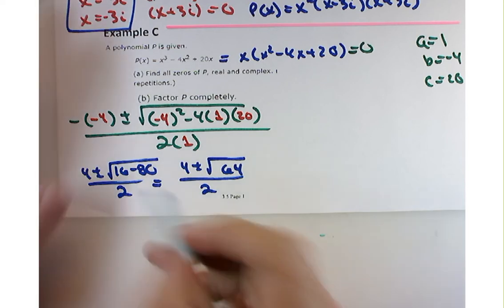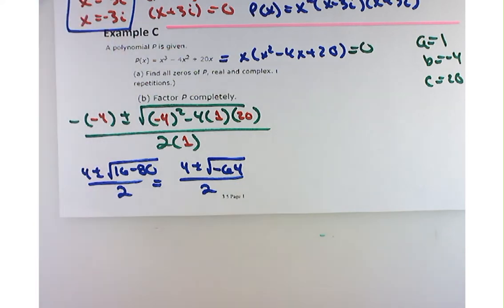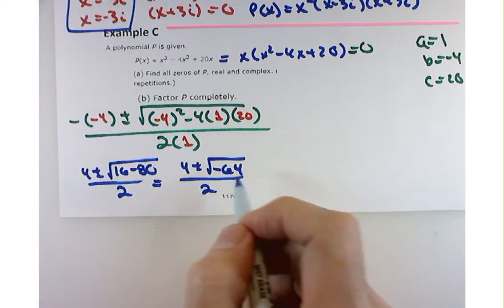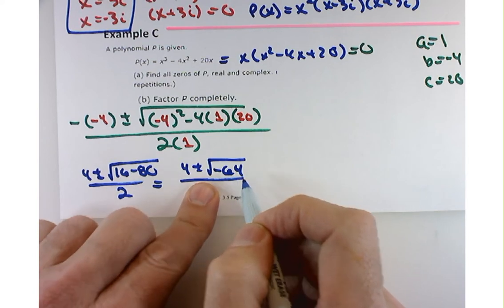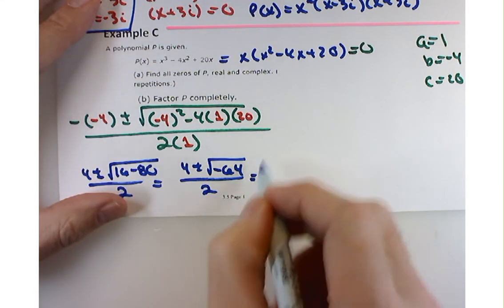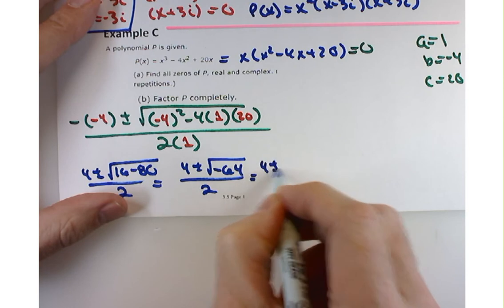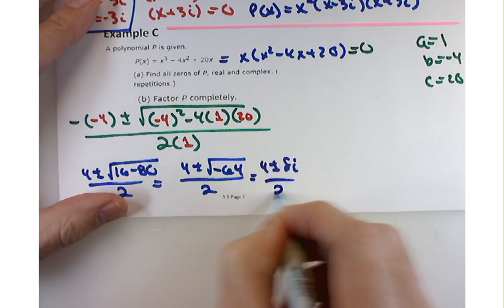It should be negative 64. People just want to overlook that negative because that means there's extra work here, right? What's the square root of negative 64? Plus or minus 8i. Yeah, so we're going to end up with 4 plus or minus 8i over 2.